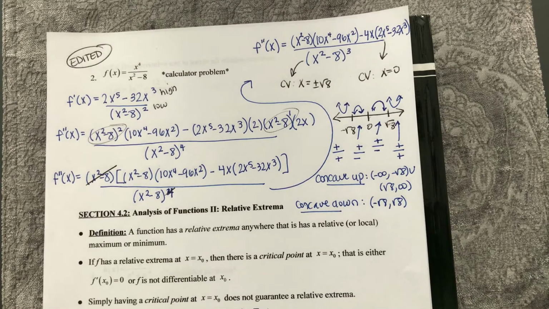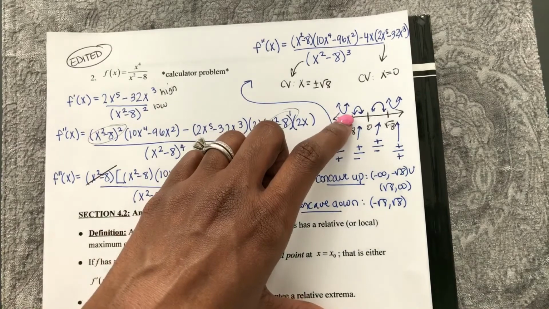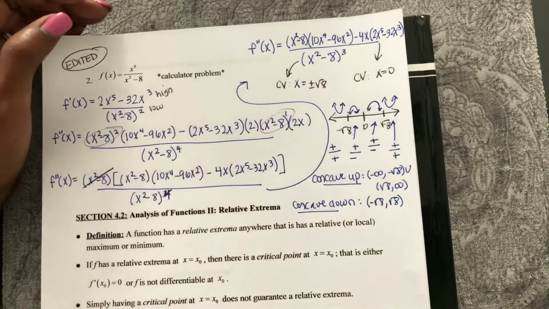So please note those changes, and we also need to check for points of inflection. Points of inflection happen where it changes from concave up to concave down.